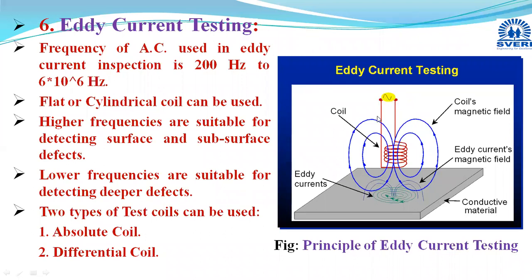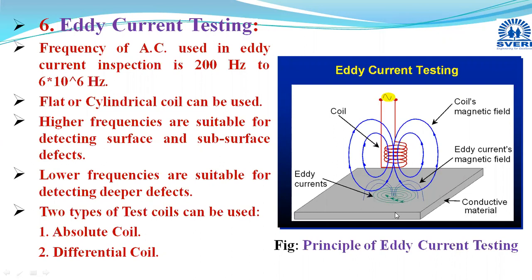Then that alternating current is passed through this coil. Due to this alternating current, a magnetic field is generated, and due to this magnetic field, eddy currents are generated, and these eddy currents, due to the skin effect, flow through the test piece.